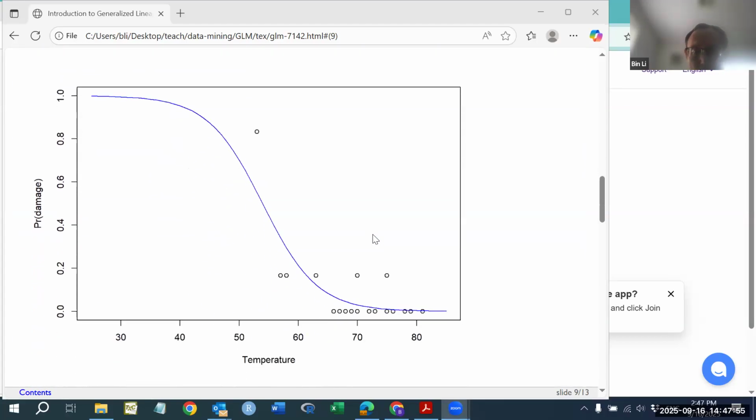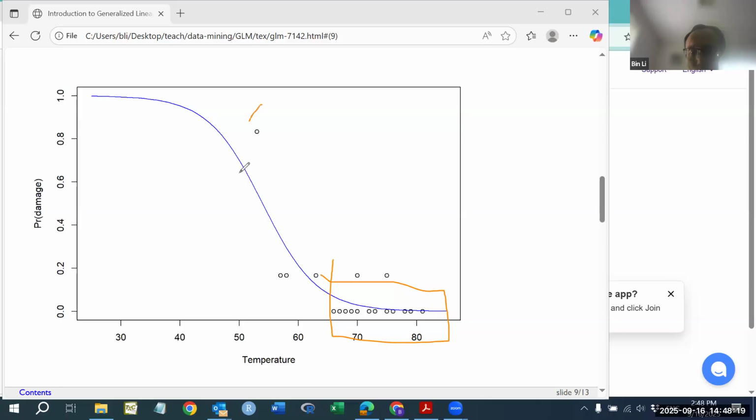And here, this shows the temperatures, and this shows the probability of having damage. You can see that when the temperature is high, over 65, the chance of having damage is very low.